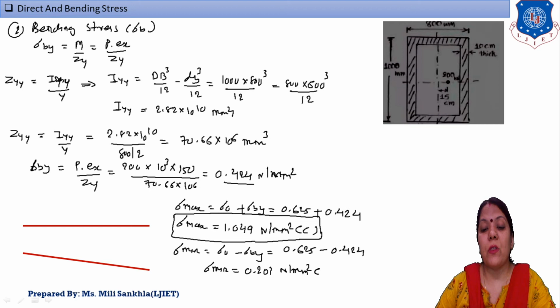This value is again compressive, positive, that means we write here it is a compressive value.